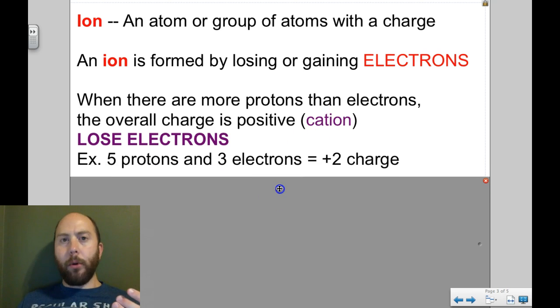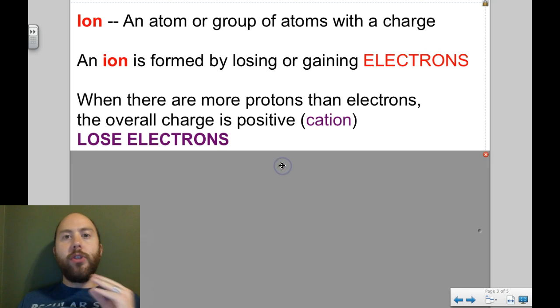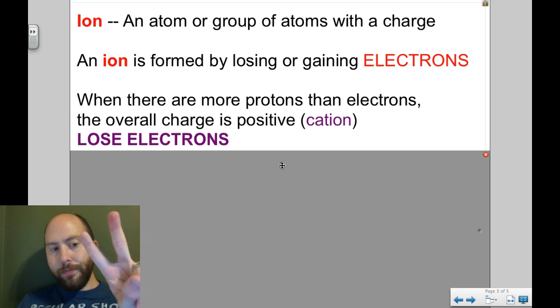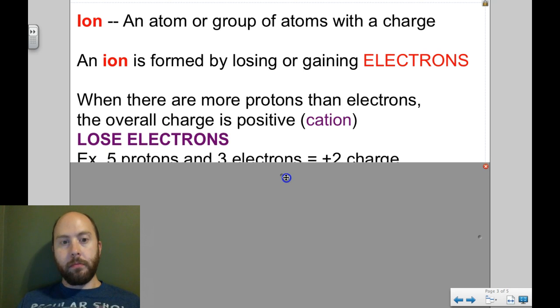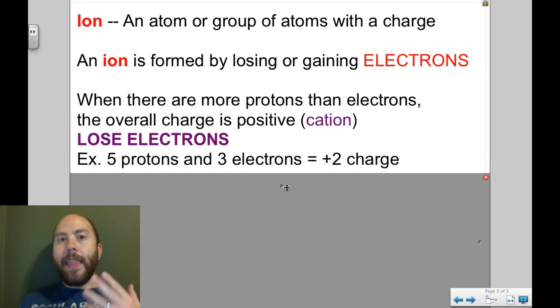So just for an example, let's pretend we have a neutral atom of 5 protons, 5 electrons. It's neutral. But now let's get rid of 2 electrons. So how many electrons are there? There are 3 electrons. But now that atom, specifically boron, has a charge because it has 5 protons.